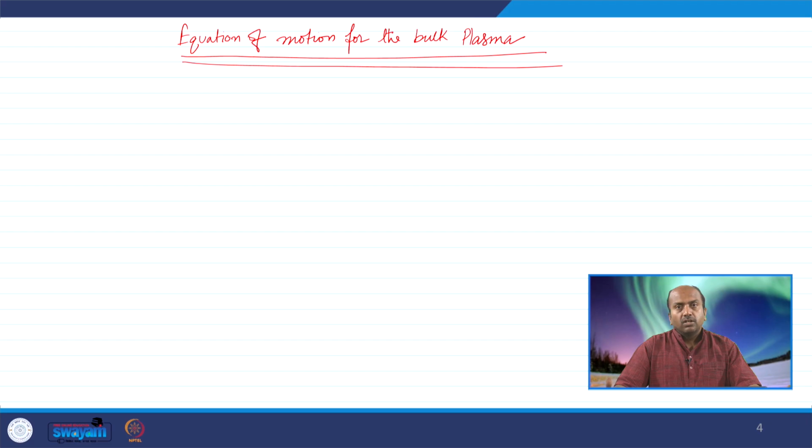That is in total the essence of the second law of motion, right. So the equation of motion for the single fluid plasma can be obtained if we add the momentum equations of both electron and ion. First, we will write down the electron momentum equation and the ion momentum equation, and then we will try to add them up.